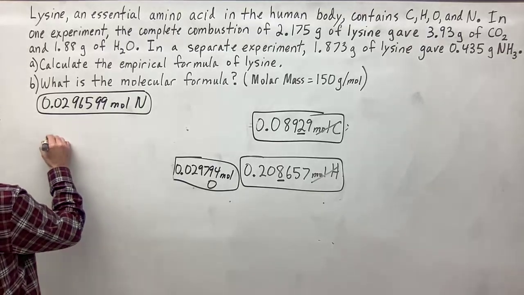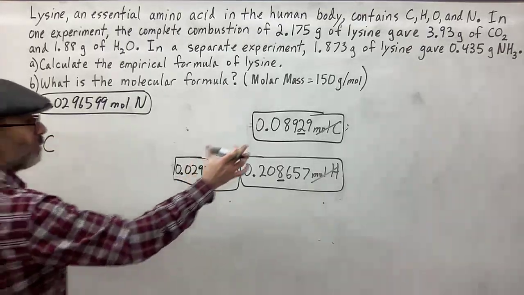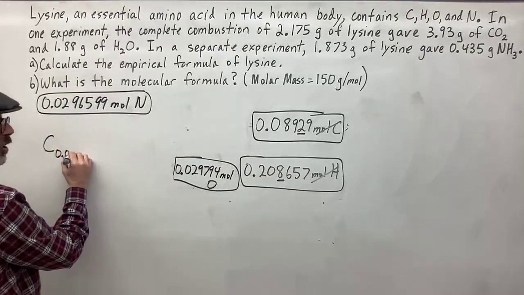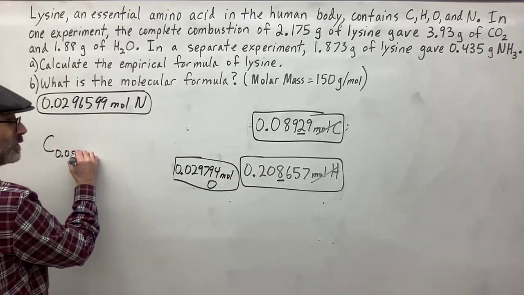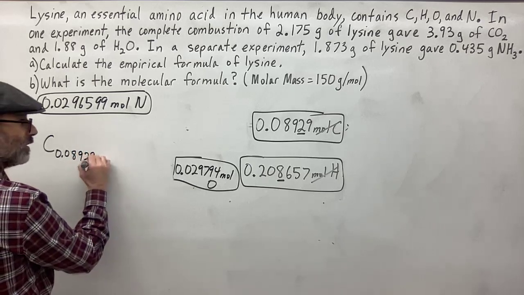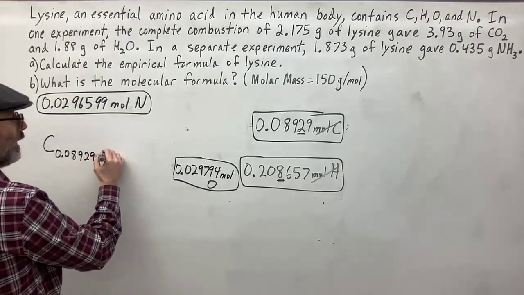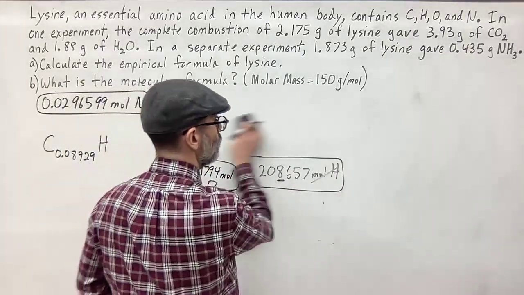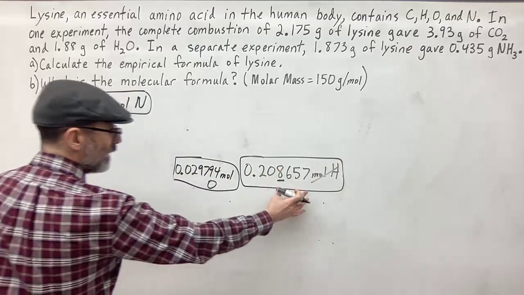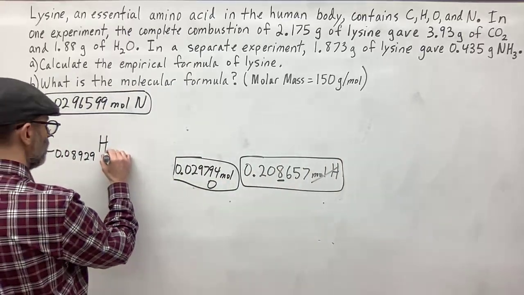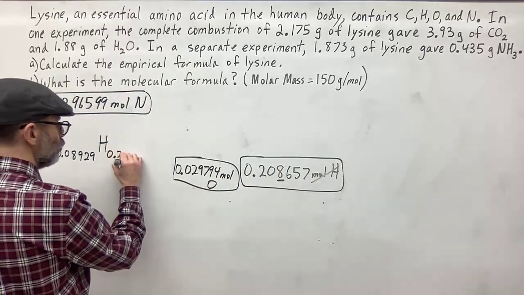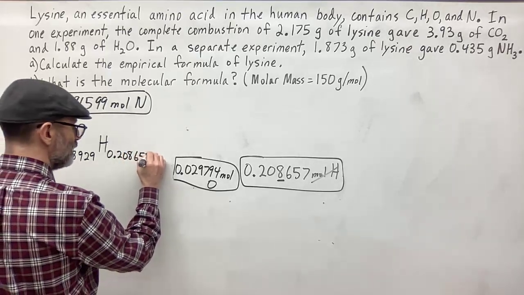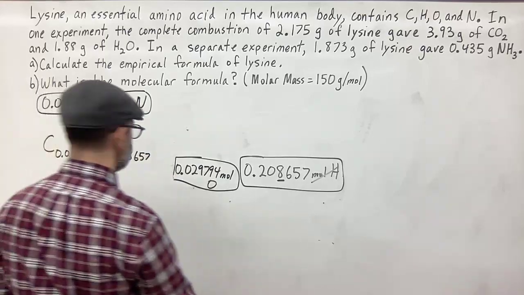Carbon has this many moles, so we're going to put 0.08929. And then hydrogen has this many moles, so we'll write that as a subscript, 0.208657.